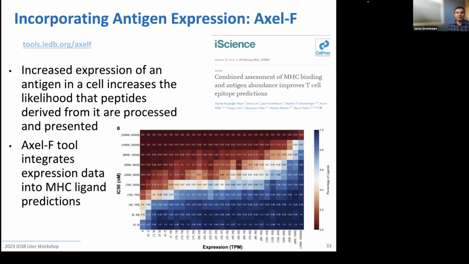And it's based on the observation that peptides that have even poor or modest binding affinities can overcome that if they're very highly expressed and be observed as being eluted on the cell surface. So I invite you to take a look at that tool as well.